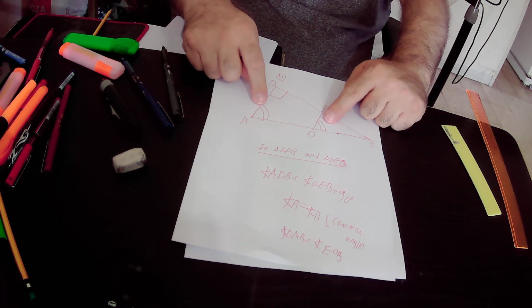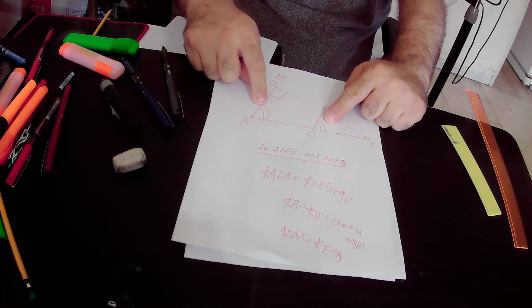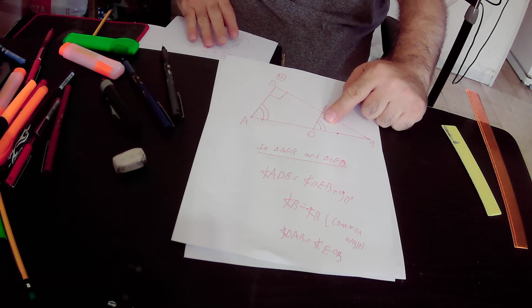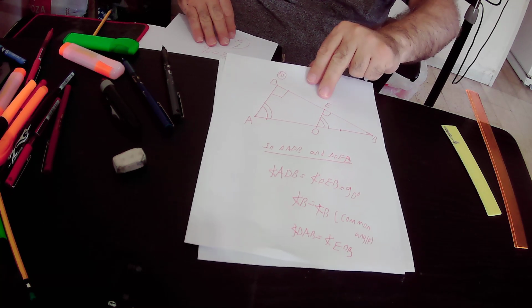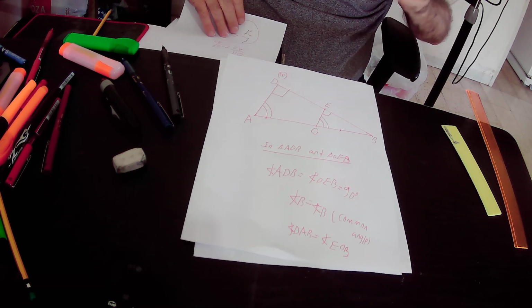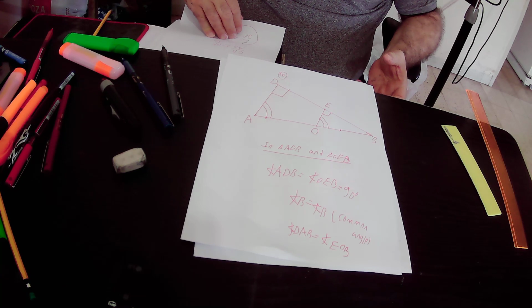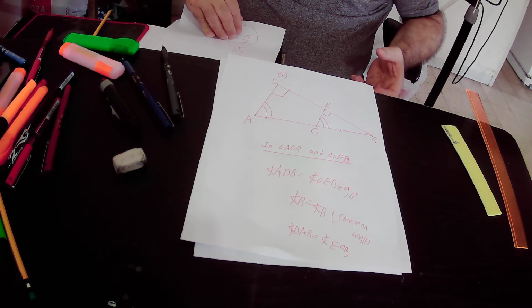And the third angle must also be equal in those two triangles according to the third angle theorem. The third angle theorem states that if you have triangles that have two angles that are equal to each other, then the third pair of angles must also be equal in those triangles, because the third angle is a complementary angle that completes the sum of the angles to 180 degrees.